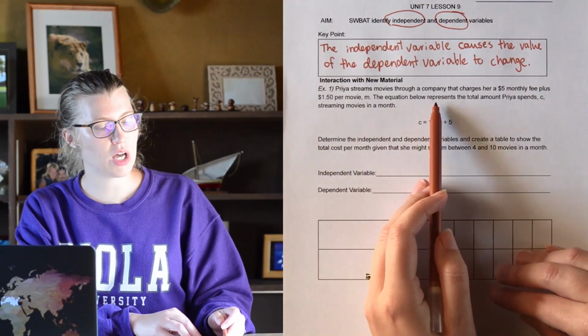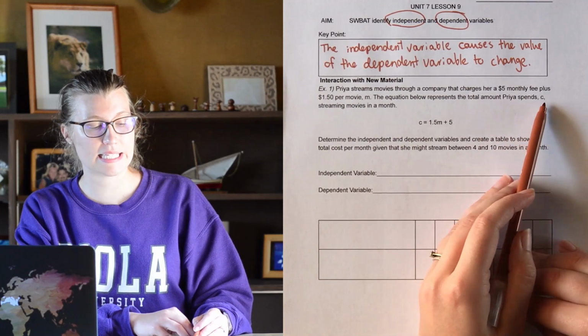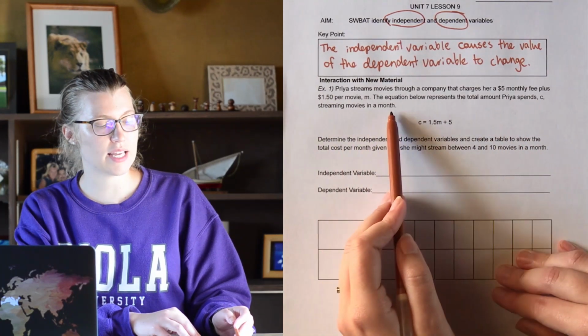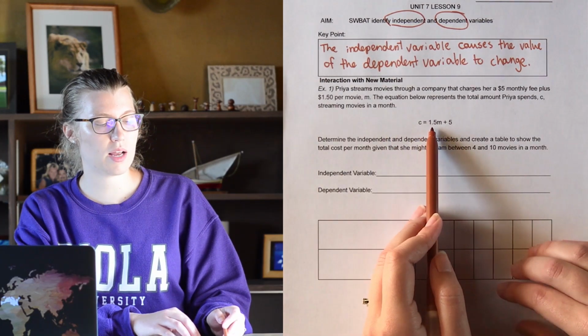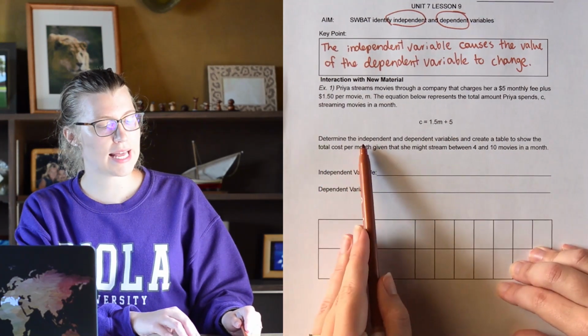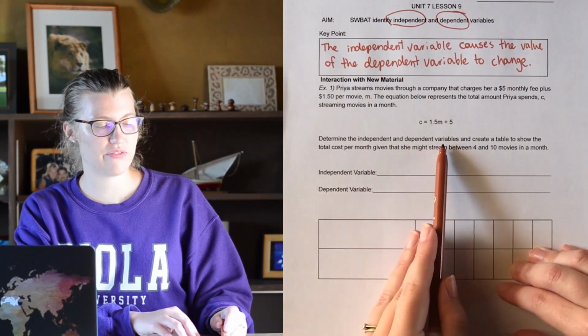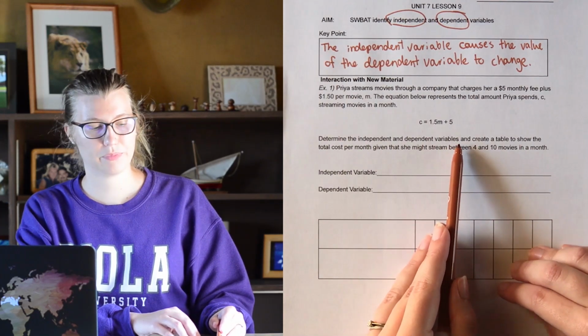The equation below represents the total amount Priya spends, C, streaming movies in a month. C equals 1.5M plus 5. Determine the independent and dependent variables. Okay, let's stop there. That's our first step.